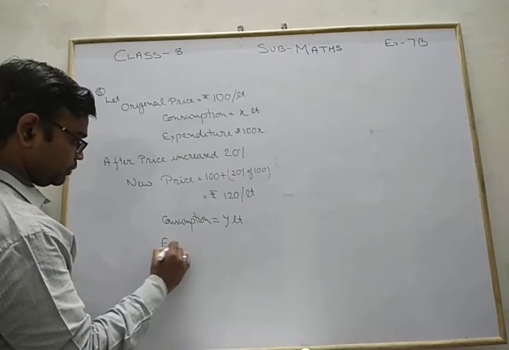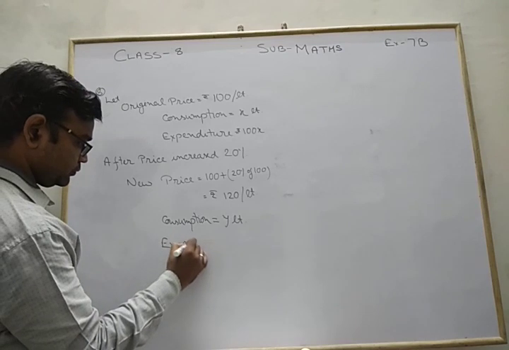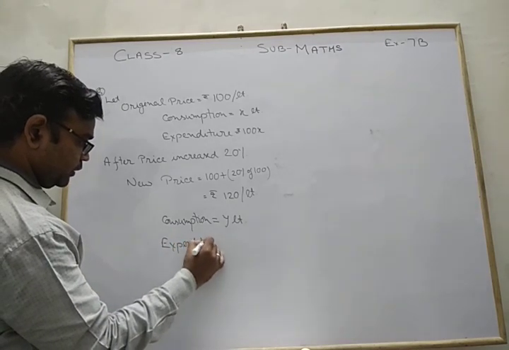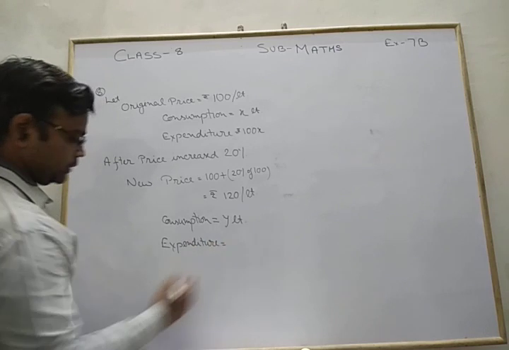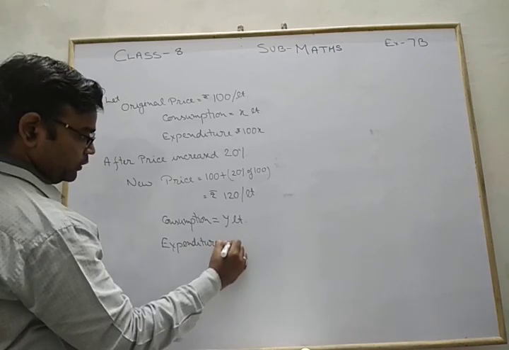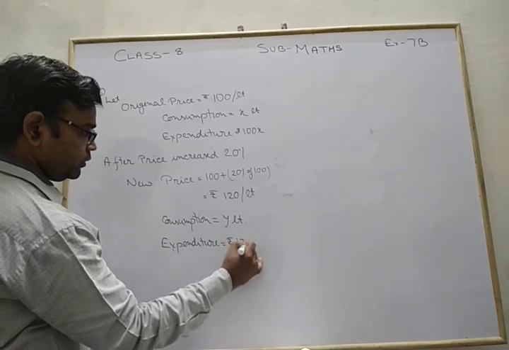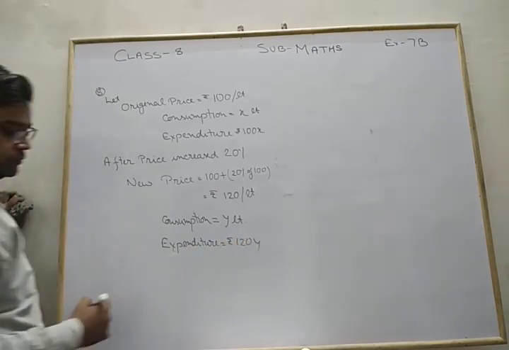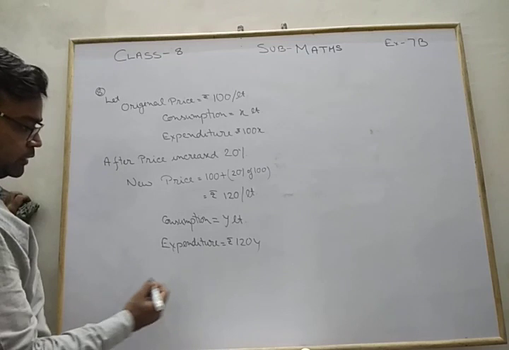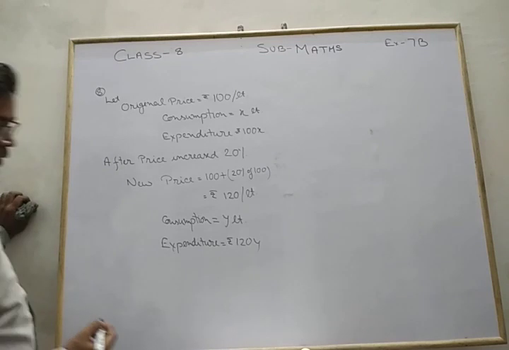Expenditure, new expenditure, means what we used to purchase. It's rupees 120Y. Now from this we are going to reduce the consumption.